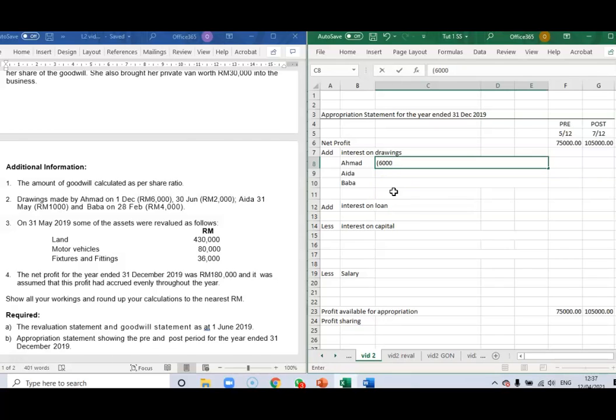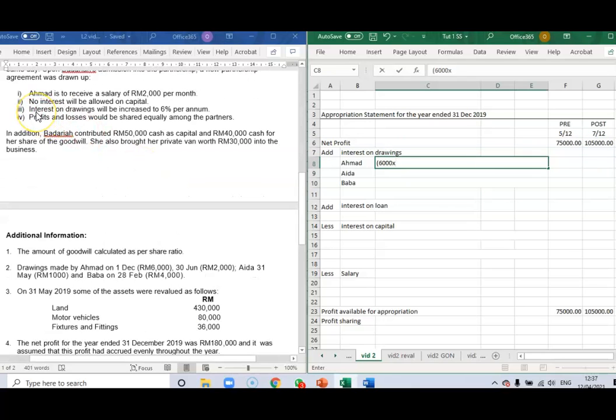That is the amount Ahmad took, and the interest, because December is in the post, so you must look into the new agreement. The new agreement says that interest on drawings will be increased to 6%. So the new agreement uses 6%, and the time is 1/12 because it's for December.